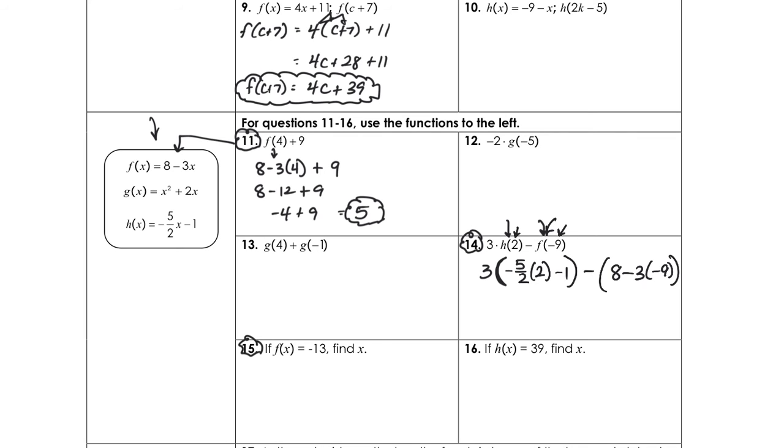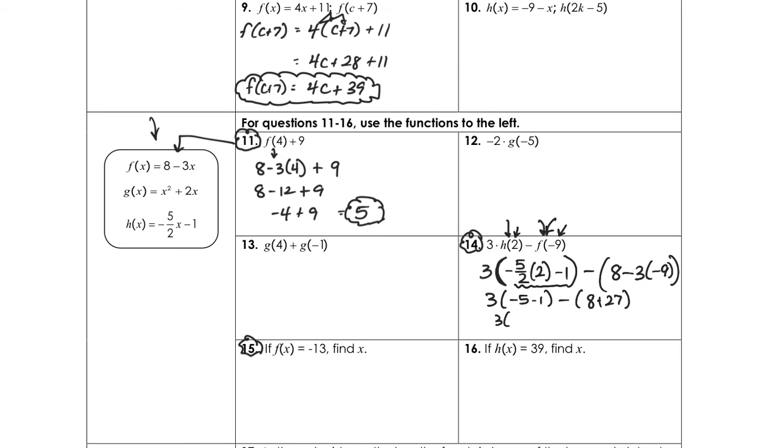So order of operations, parentheses first. So 3 times, well, negative 5 halves times 2 is negative 5. So that's negative 5 minus 1, parentheses, minus, parentheses. Negative 3 times negative 9 is positive 27, so this becomes 8 plus 27. Still simplifying my parentheses here.